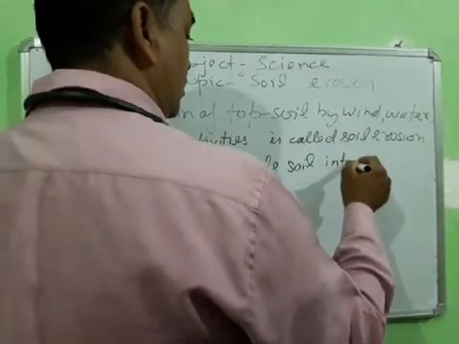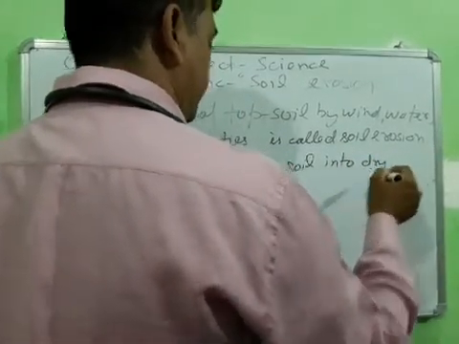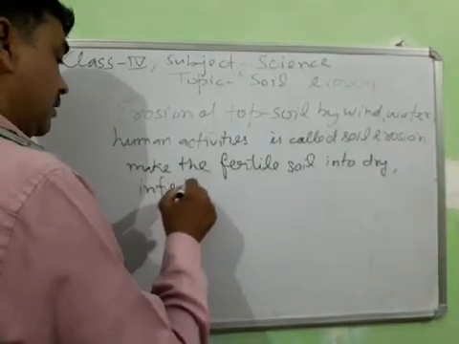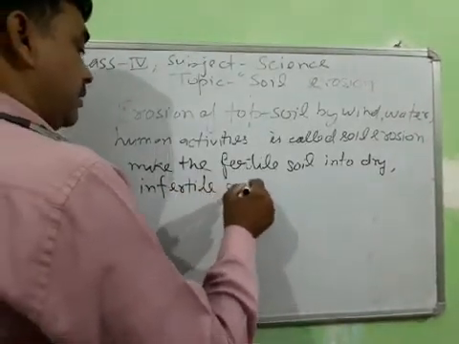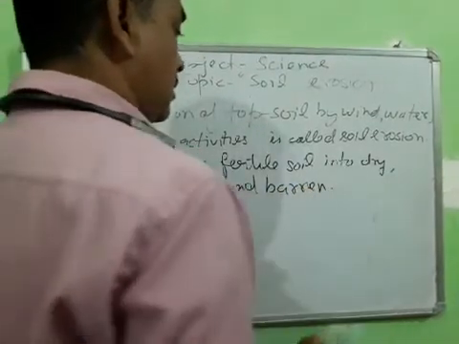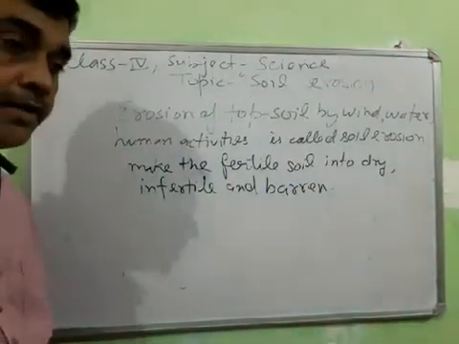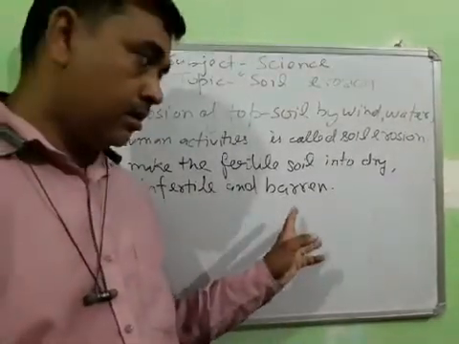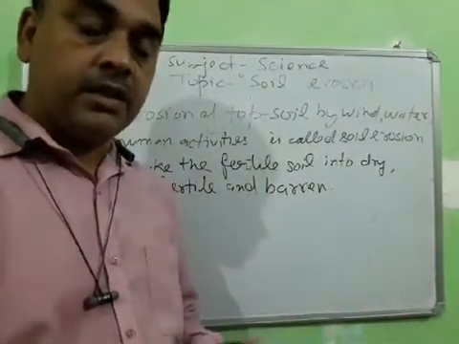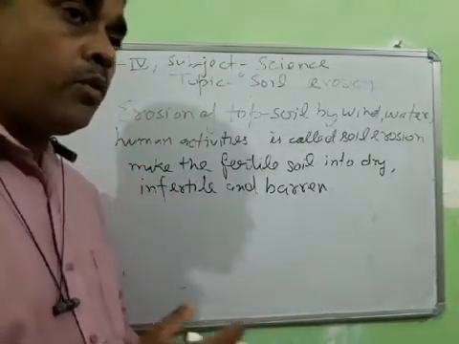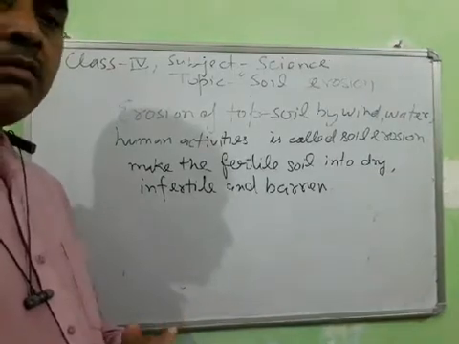So soil erosion makes the fertile soil into dry, infertile and barren. So no plants can grow in infertile or barren soil. So it is very necessary to conserve it. How is it conserved?